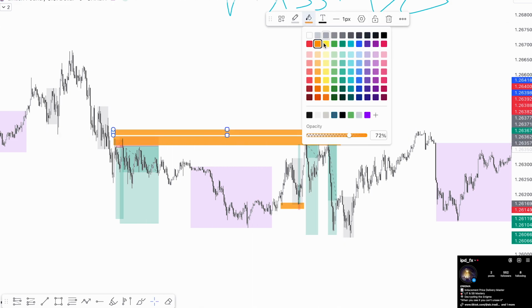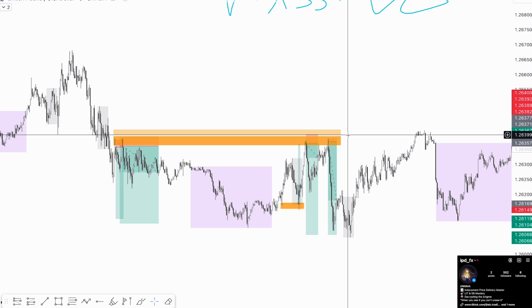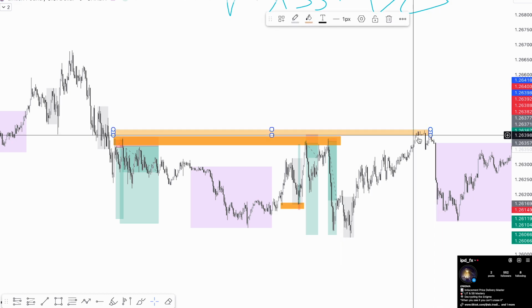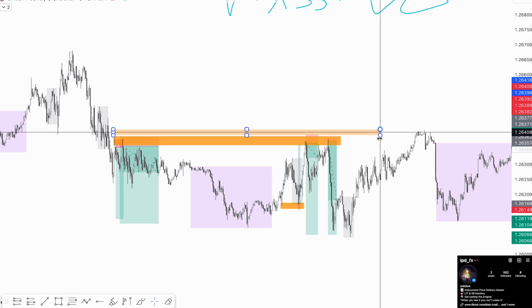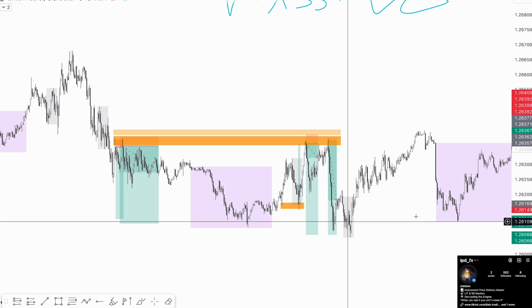Here you can have other liquidity, but why? Because maybe here you will have breakout traders that can enter after, maybe from here. We will see it later. Here you have breakout traders.